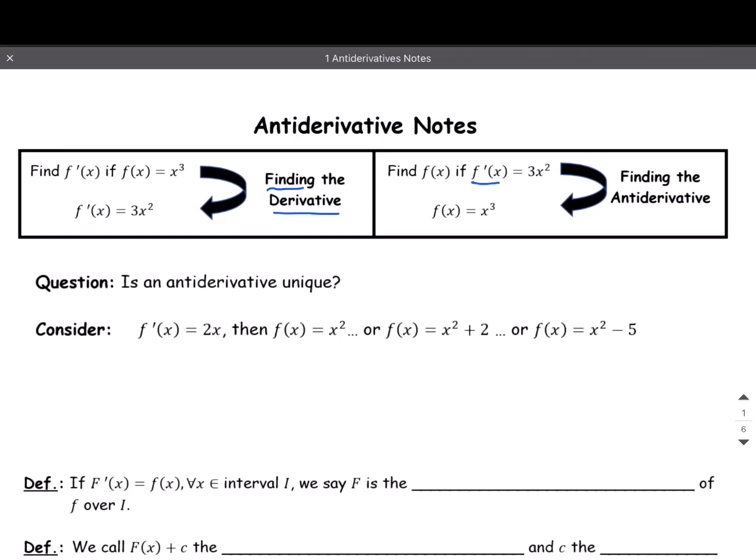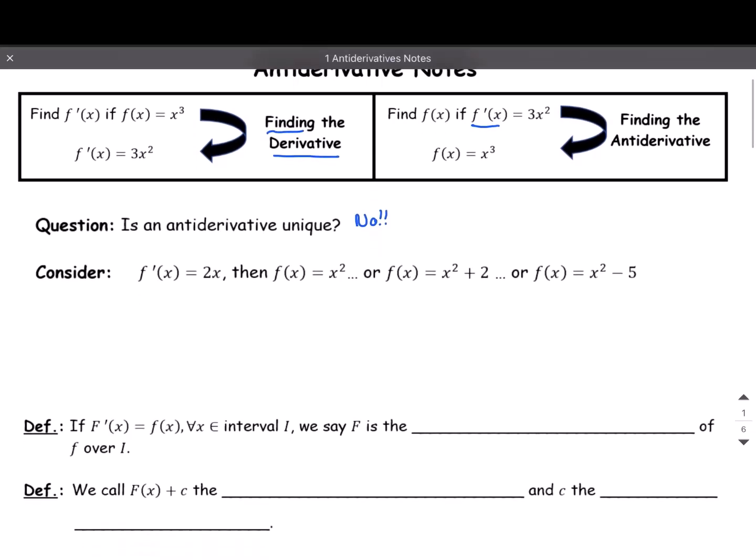Now, is an antiderivative unique? Meaning, does it have only one answer? And the answer to that is no. For instance, let's take a look at f prime equals 2x. If we have f of x equals x squared, this has a derivative of 2x, but so does x squared plus 2, and so does x squared minus 5.